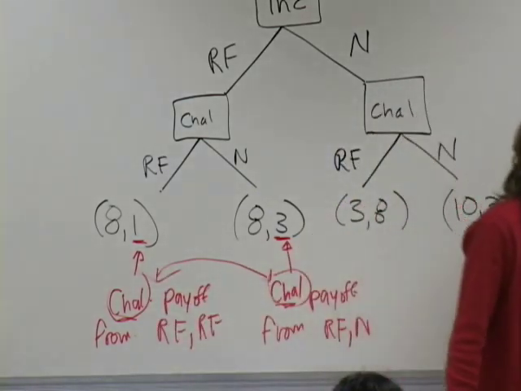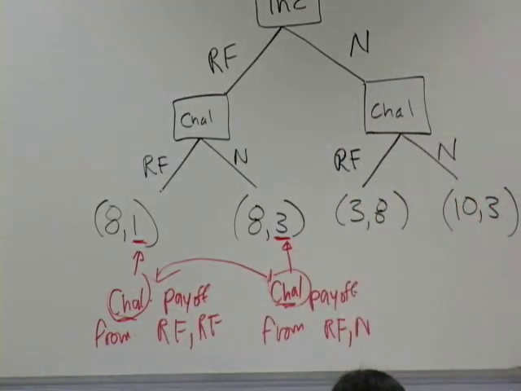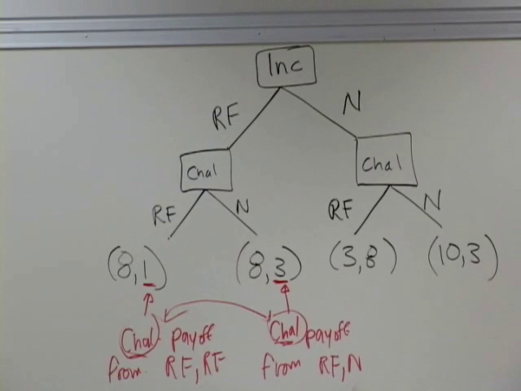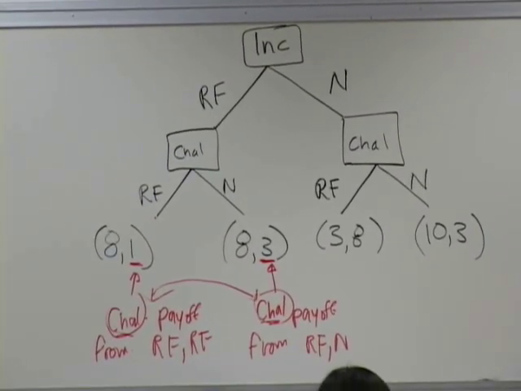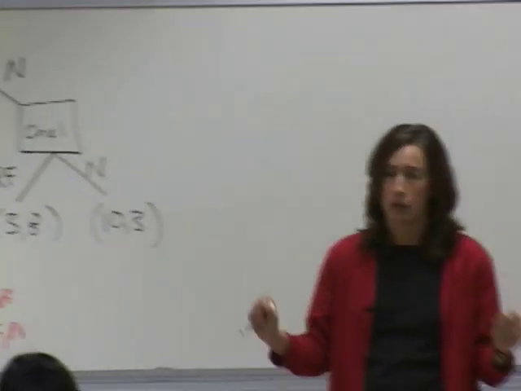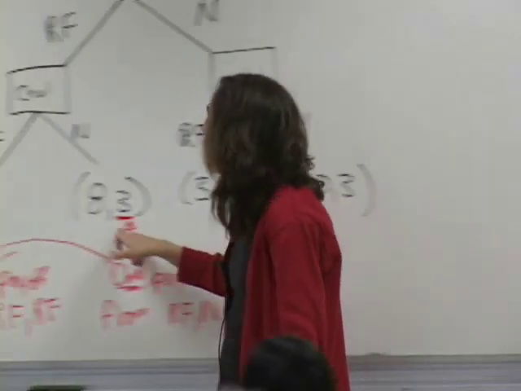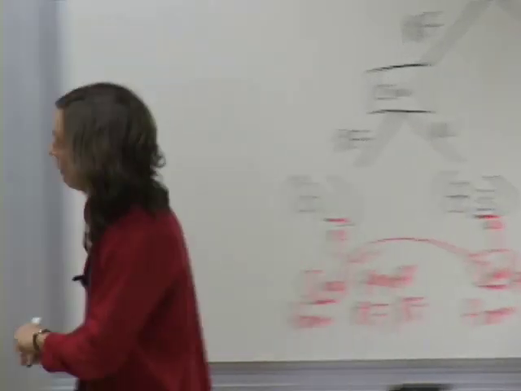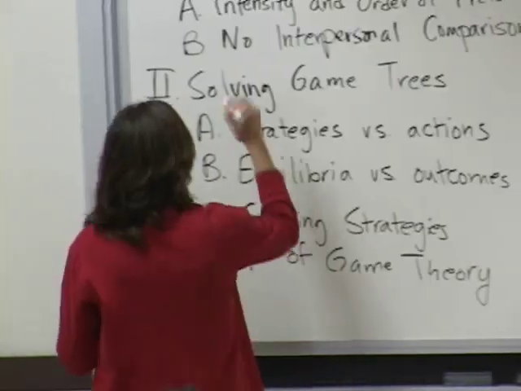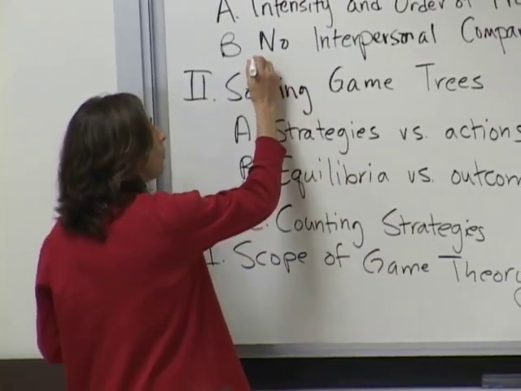Never in game theory do we need to compare one player's payoff to another player's payoff. We never do that. If you find yourself doing that, pinch yourself. You're doing something wrong. Okay? We only compare payoffs for the same player. I'm getting a little ahead in my outline, but I think this is something I'm probably going to emphasize more than once.